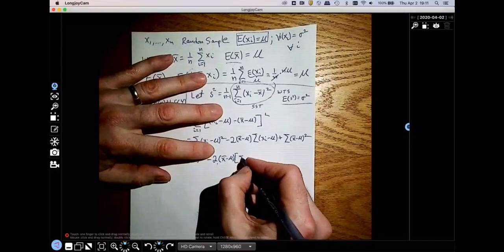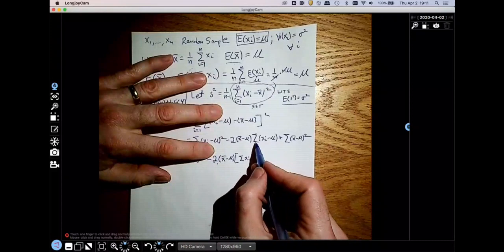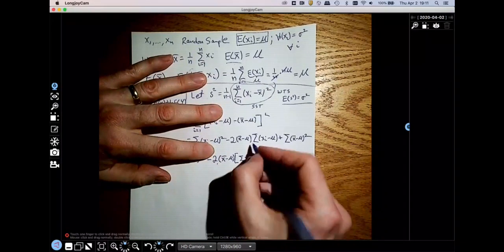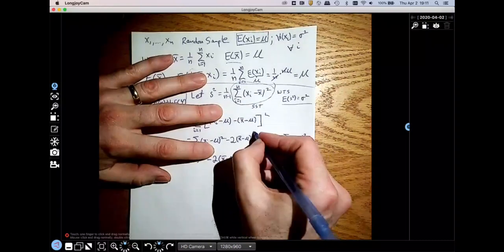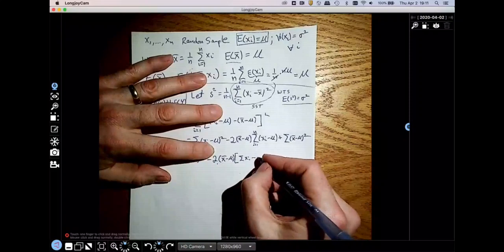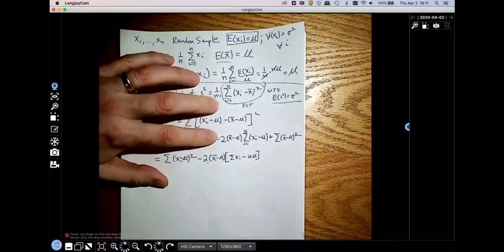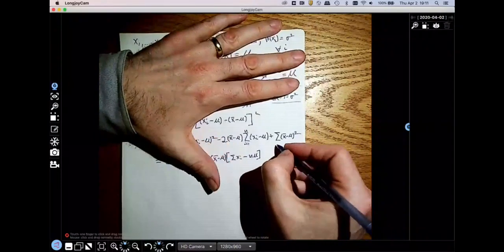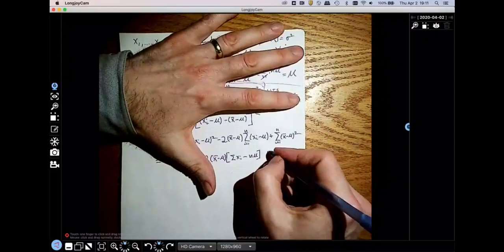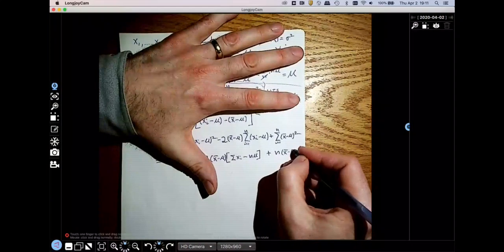We have the sum of xi, and then I have the sum of mu. So this is the sum, i equals 1 to n of mu. So that's just n times mu. And then let's go see what we have here. This is the sum, i equals 1 to n, and notice there's no subscripts, so this is just plus n times x bar minus mu.